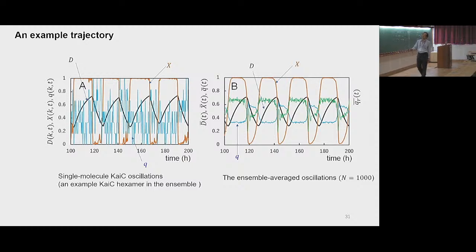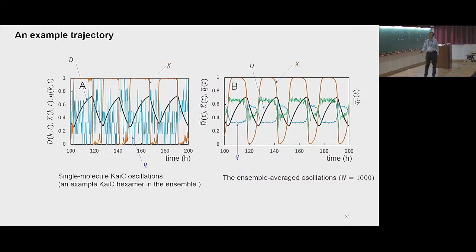And the phosphorylation level follows gradually with slow kinetics. After the switching from the 0 to the 1 state, D slowly increases. And after the structure changes from x equals 1 to x equals 0, D begins to decrease.